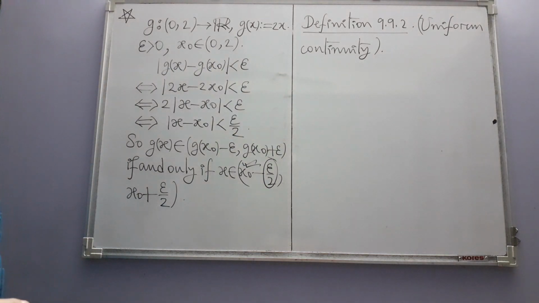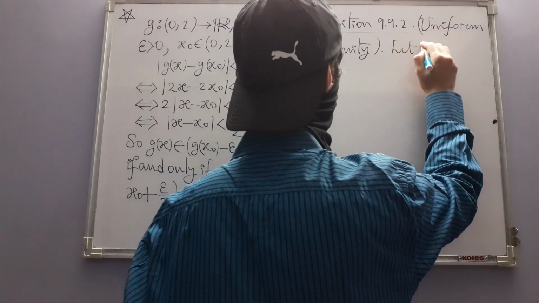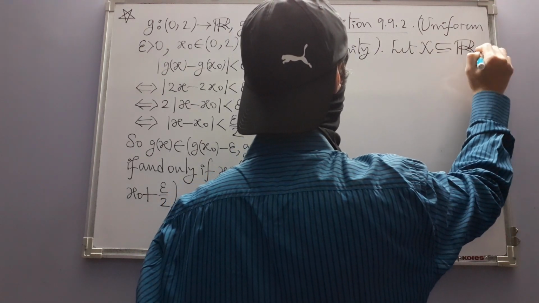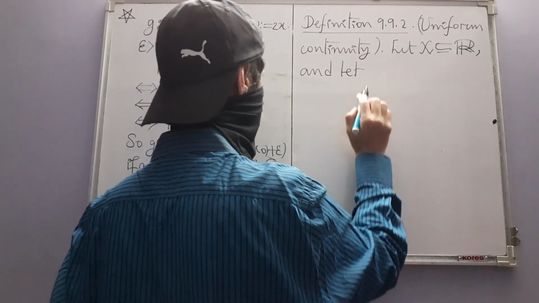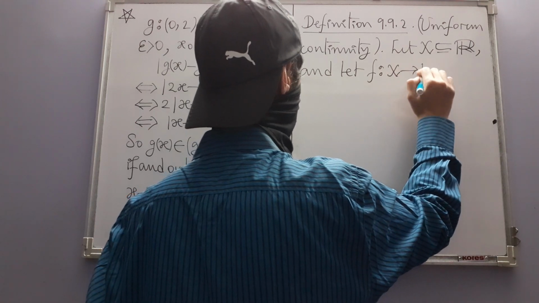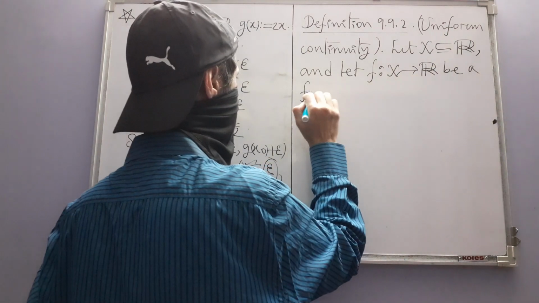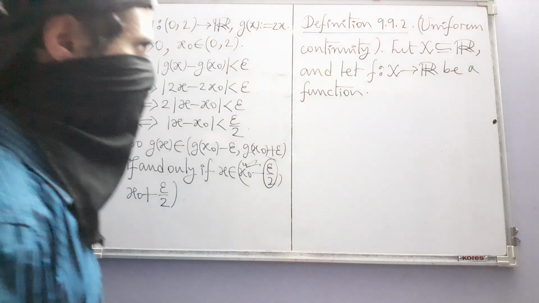Uniform continuity. Let X be a subset of R and let f from X to R be a function.